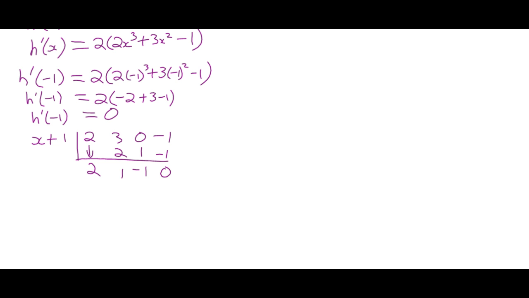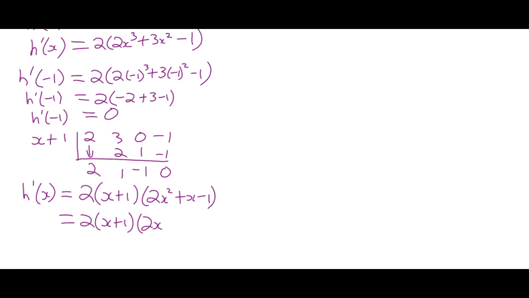All right, so what do we want, right? We really want the factored form of this, so h prime of x is, we got a 2, we got an x plus 1, we got a 2x squared plus x minus 1. So 2x plus 1, minus, plus, like so? 2x squared plus 2 minus 1 is plus 1 minus, yeah.